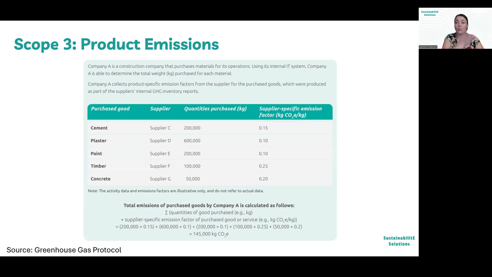And again, this is a weight per carbon dioxide equivalent unit. So in here it's kilograms rather than tons per kilogram of purchased good. So they purchased 200,000 kilograms of cement, and at 0.15 kilograms carbon dioxide equivalent, you would do that for each good, add that up, and that's an example of using product-based emissions factors.